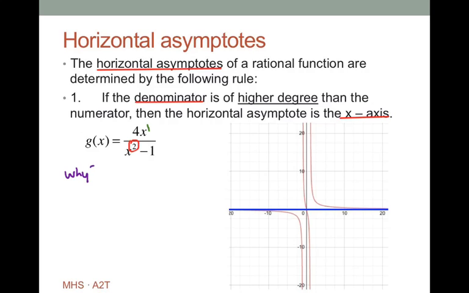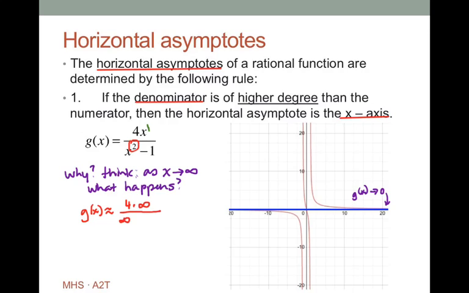And you might ask yourself, why is that true? If you think about what's happening as x gets closer to infinity, then what happens to your function? You realize that as x goes to infinity, g of x is getting closer and closer to 0. Let's look at the function. If I plugged in infinity for x, I'd get 4 times infinity over infinity times infinity minus 1.